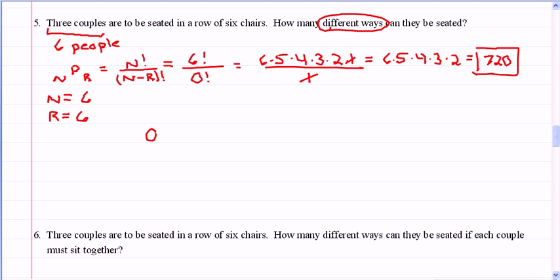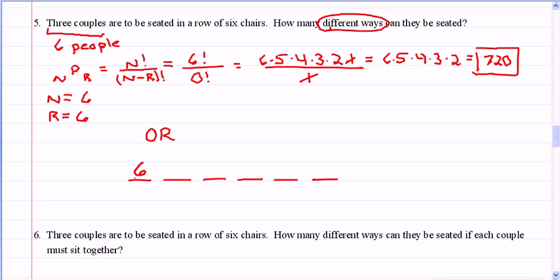Now this problem I'm also going to do by the counting principle, just so you can see the options. If I have 6 chairs, I'm going to draw out 6 spaces, one for each of those 6 chairs. So if you have 6 people that are to be seated, any of the 6 people could sit in this first chair.